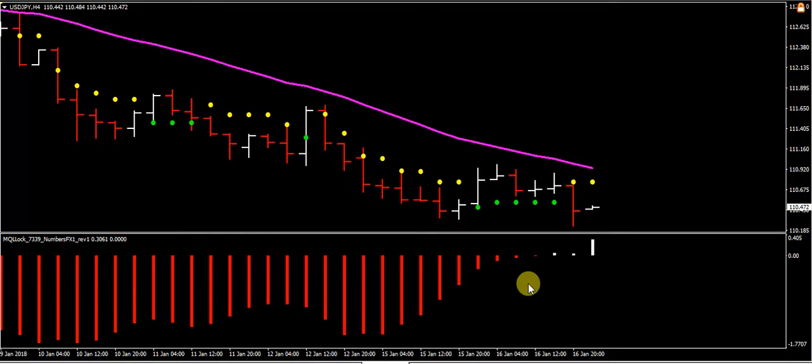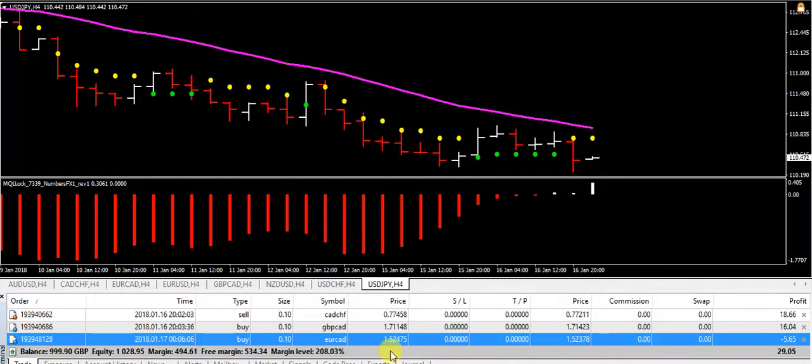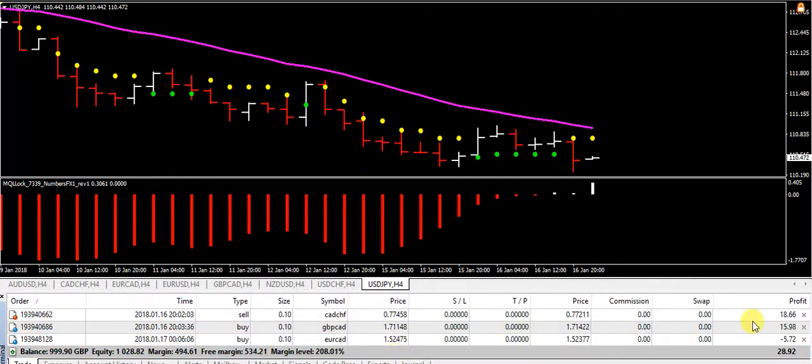As simple as that. Let's have a quick look at the terminal. See where we're at. Okay, so that's where we're currently at. So on the grand scale of things, that equals a 2.8% increase.